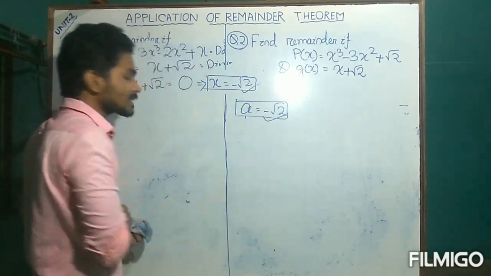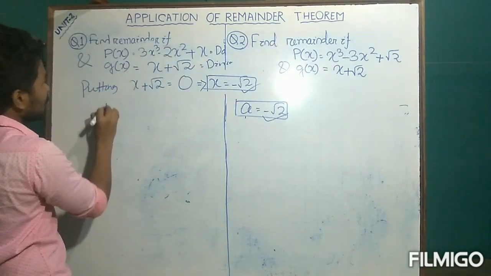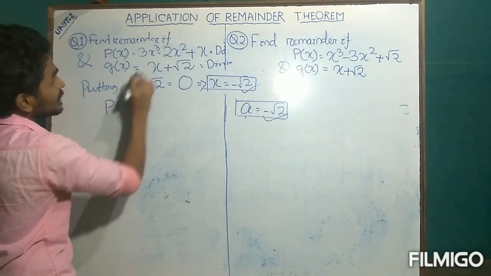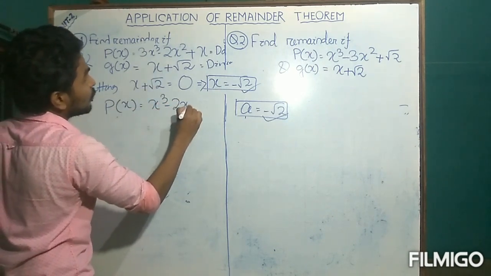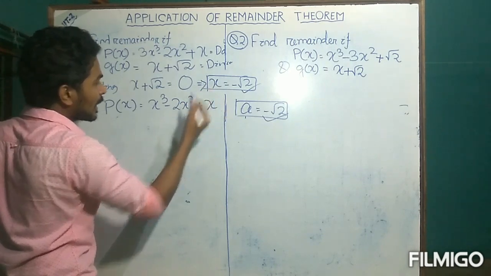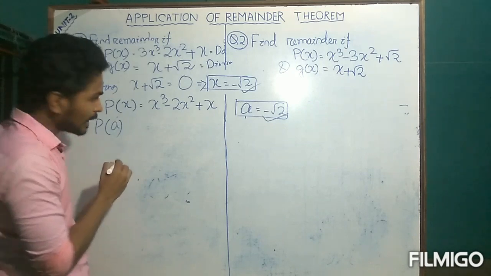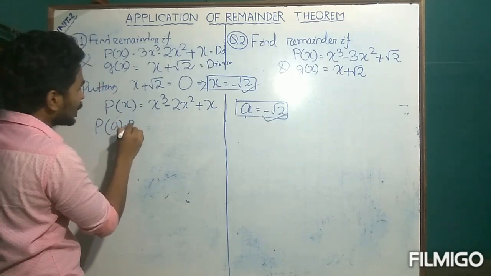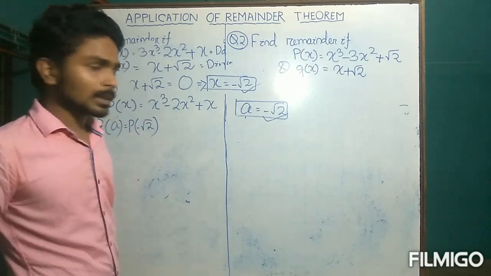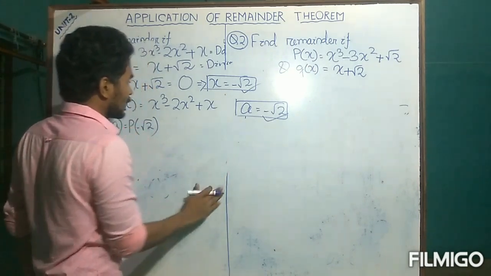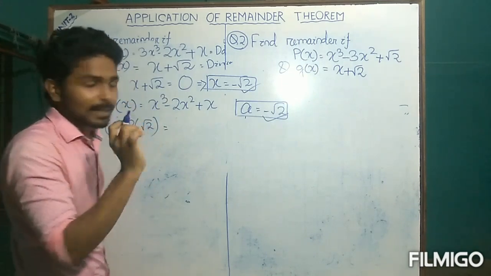Now our next task is to find the remainder. We have P of x equal to x cube minus 2x square plus x, and we will find the value of the remainder, that means P of a, which is P of minus root 2. In the place of x we will put minus root 2.